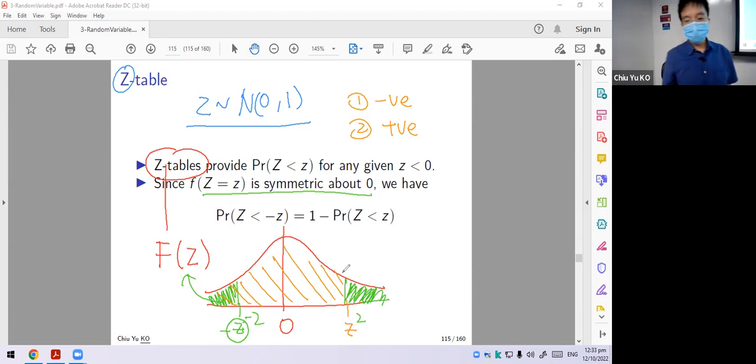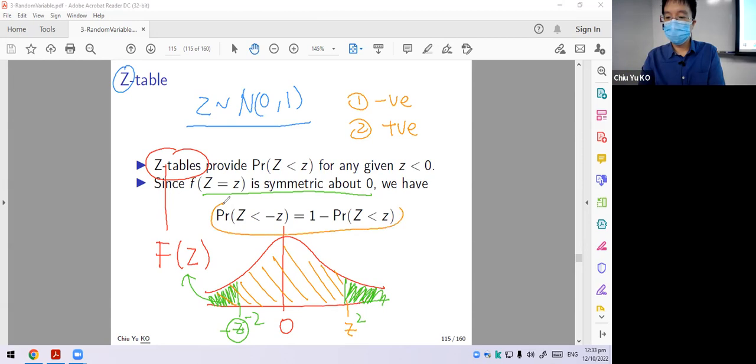So that's why you only need a table that covers either only the negative or only the positive, because if you have the negative, you just flip it over and subtract to give you the positive value. Is that clear? That is what it actually means here.